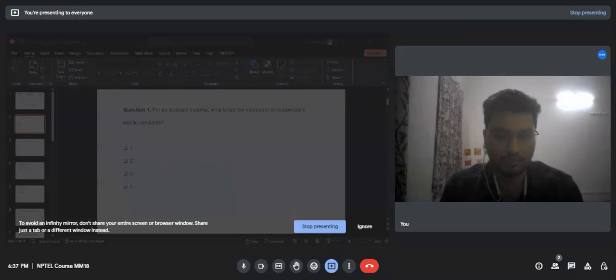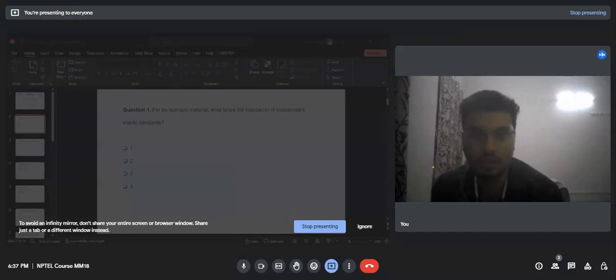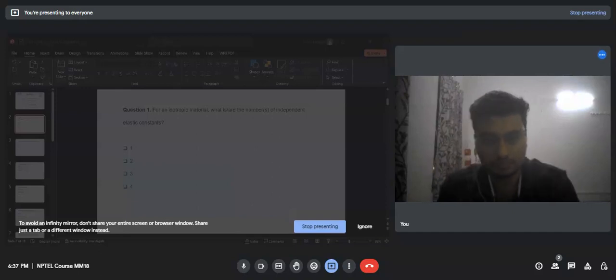If we calculate these values, in the end we'll get option number 4, 1 by S11.